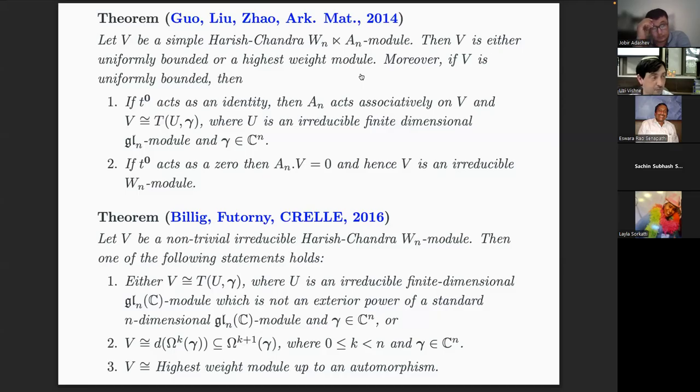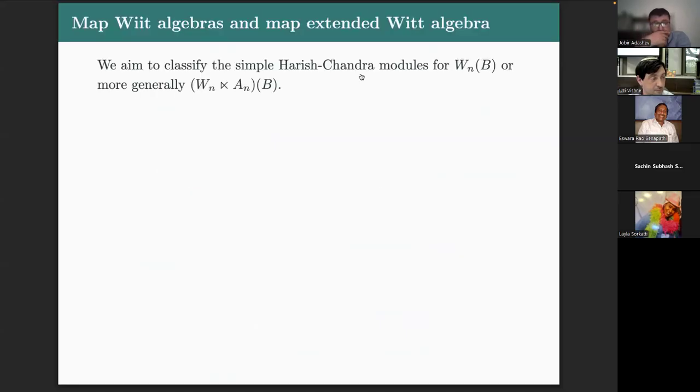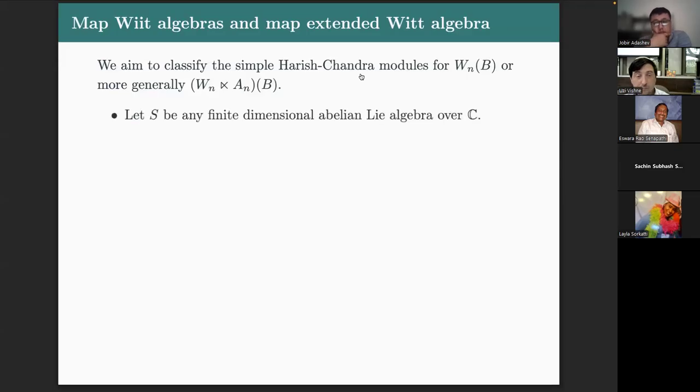So one considers the map Witt algebras and studies functions from those modules to B. Our work is related to the simple classification of Harish-Chandra modules for W_n and B, or W_n tensor B. But we can't solve that problem unless we take finitely many copies of AN.